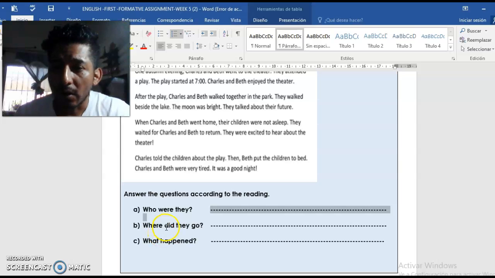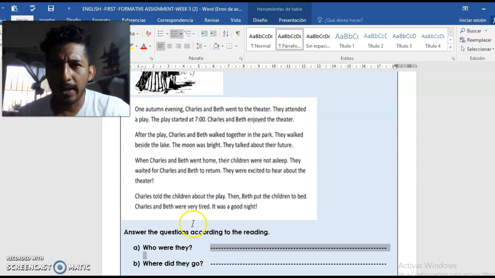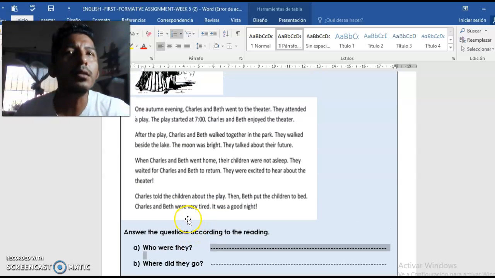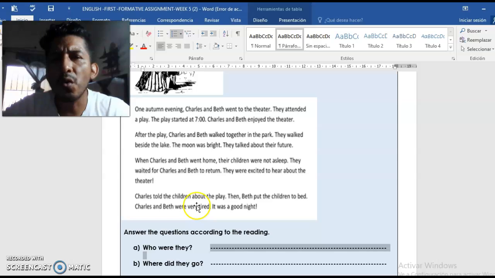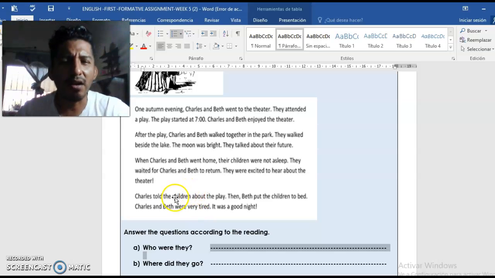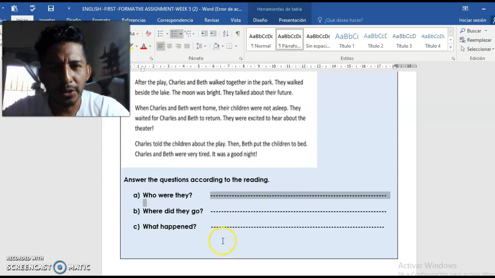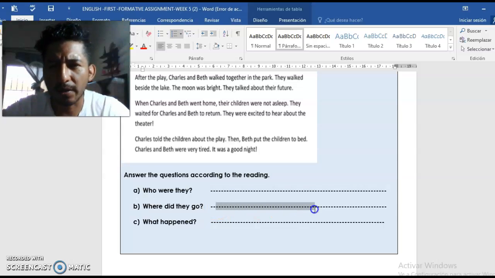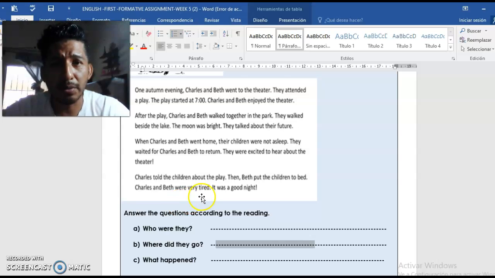Question B: Where did they go? They went to a circus, to the cinema, to a theater. Where did they go? Your answer must be here. Question C: What happened during the presentation?